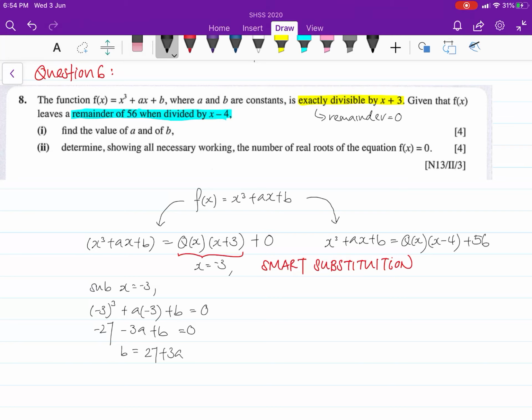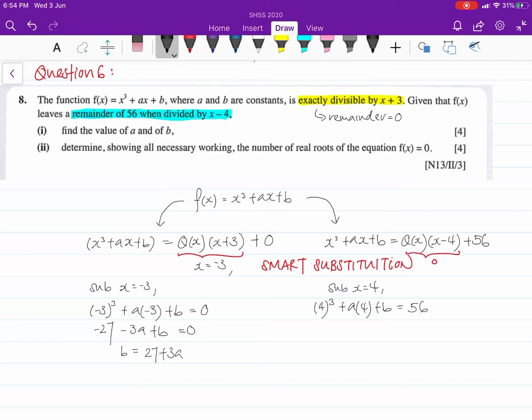Alright, then I go on to the next one. What I want to do is make this 0. So what I need to do is just substitute x equals 4. So 4 cubed plus a times 4 plus b equals, now once I substitute 4 inside x minus 4, it is 0.